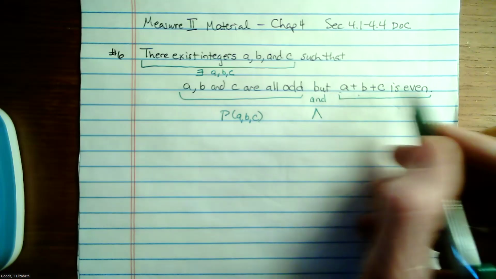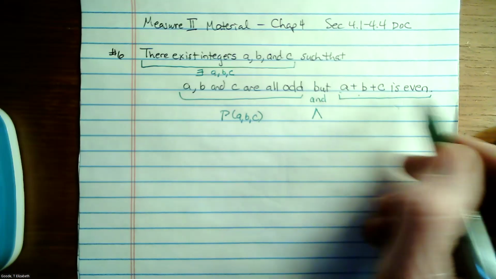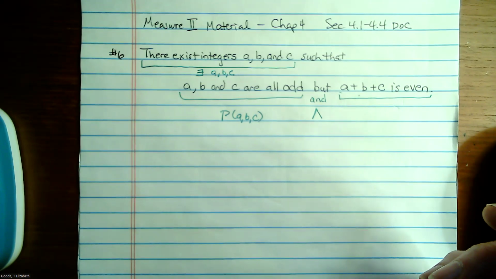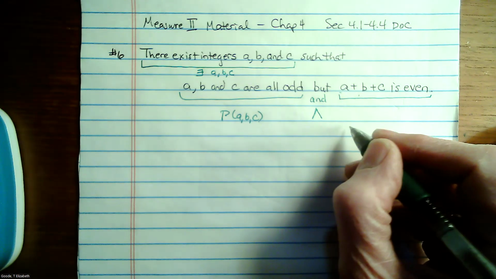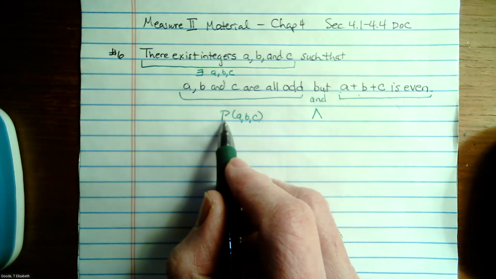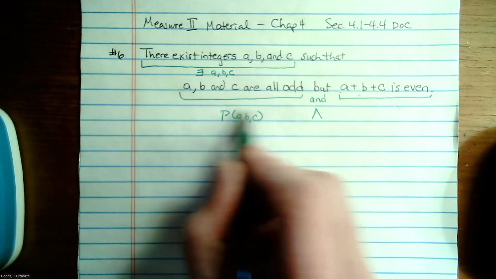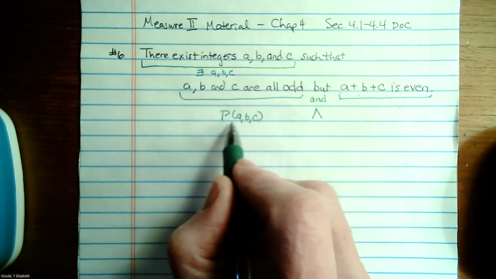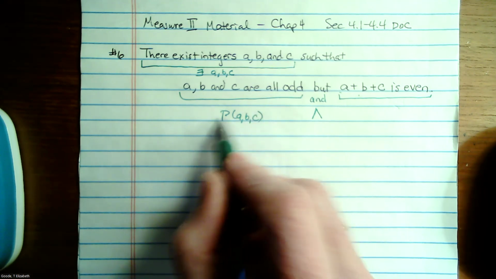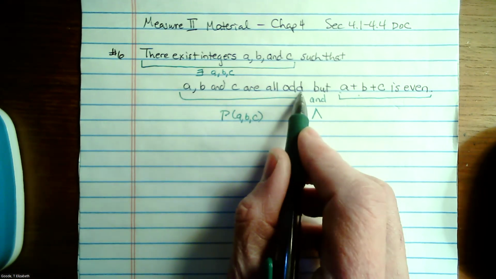And what would you like to call A plus B plus C is even? Not P of A, B, C. Can't be not P because this predicate says more than just odd. There's more to this statement than just the word odd.